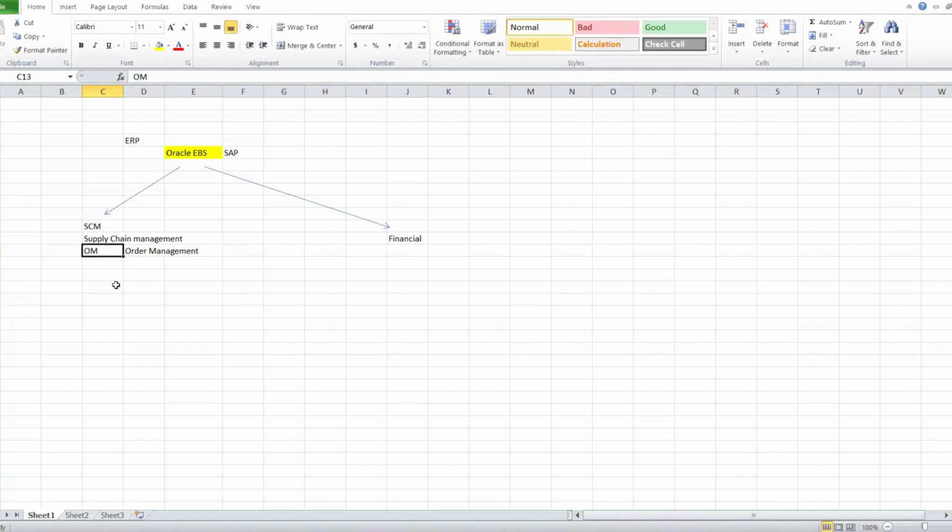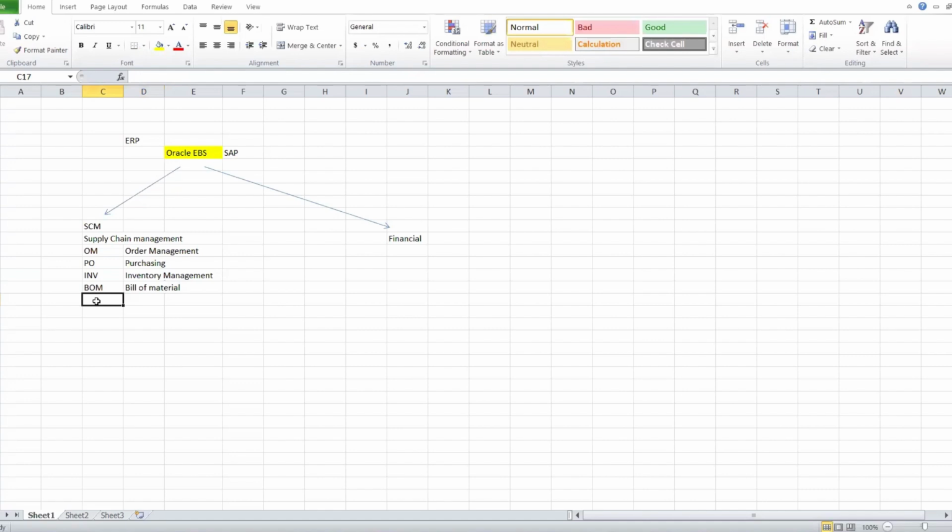So one of them is order management. Second is PO, purchasing, right? You are telling about placing the requisition, placing the PO, right? So we are handling that requisition and PO in this module. That is the purchasing. And one of them is inventory, called inventory management. Next is BOM. BOM means bill of material.